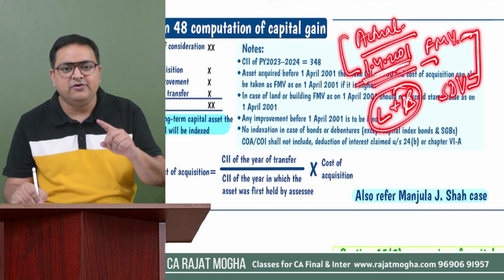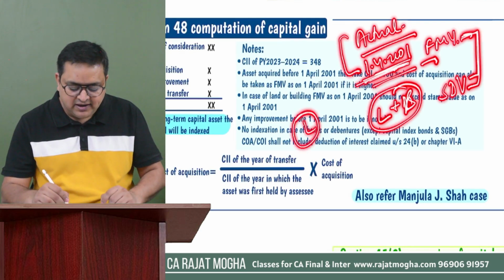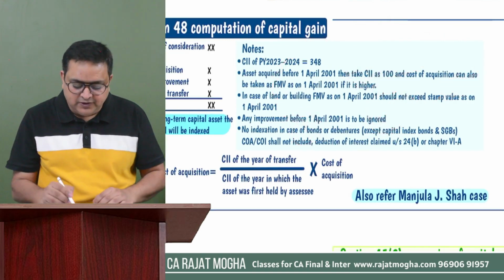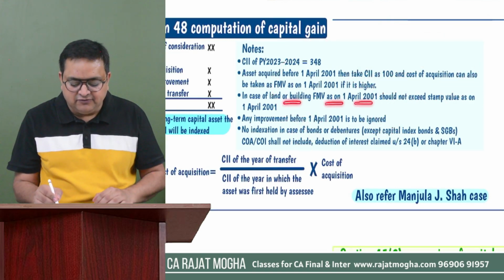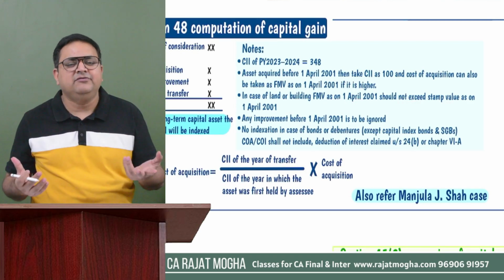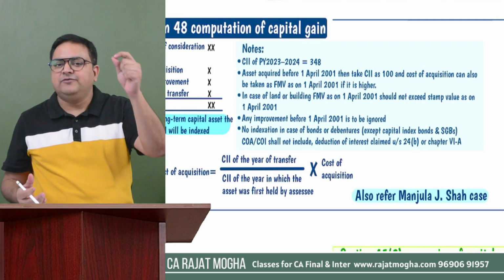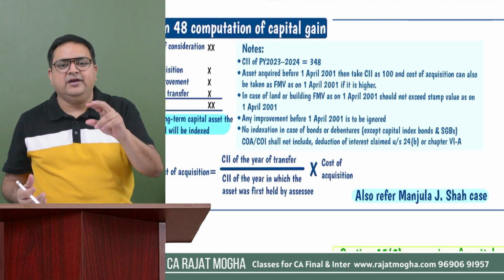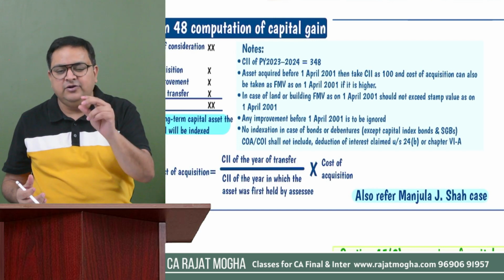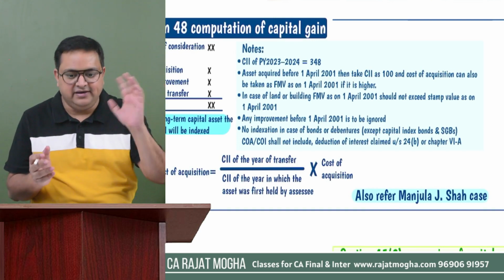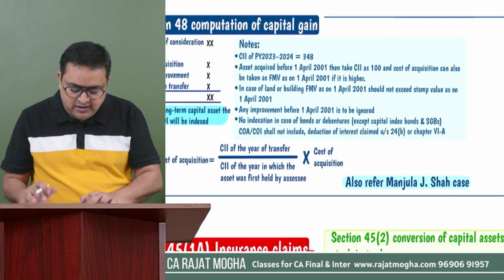Whichever is lower, you have to take. And compare this lower value with the actual cost, whichever is higher. Correct? So in case of land and building, fair market value as on 1/4/2001 should not exceed the stamp duty value. In other words, take the FMV as on 1/4/2001 or SDV as on 1/4/2001, whichever is lower, and compare it with the actual cost, whichever is higher there. Okay.